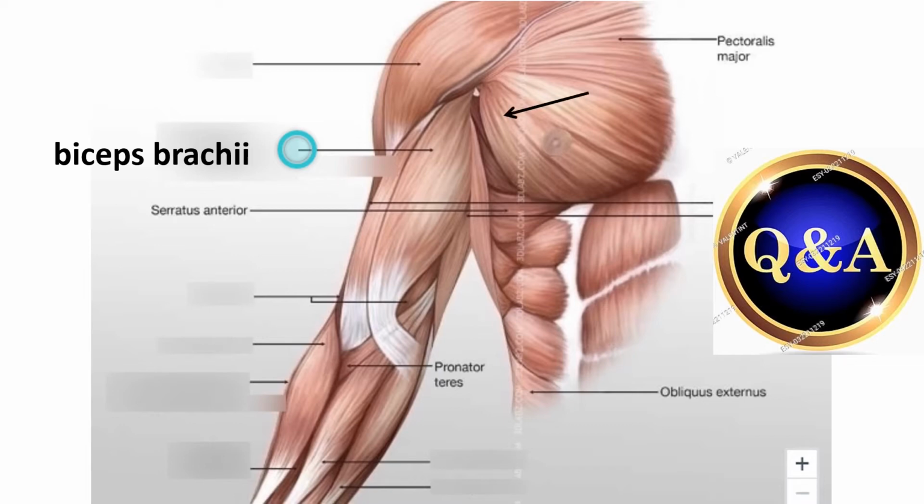It is showing us that superiorly it is between pectoralis major and deltoid, and lower down it has two parts, the biceps brachii tendon and the biceps brachii aponeurosis. Aponeurosis is a flat tendon.